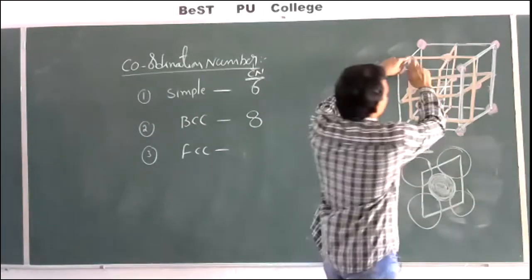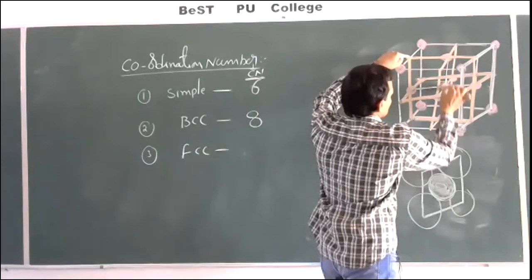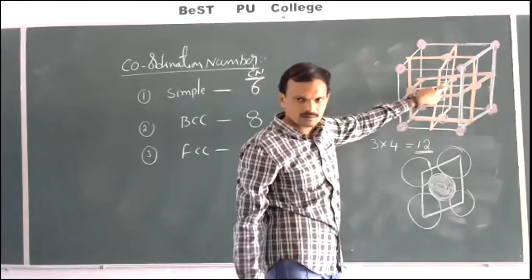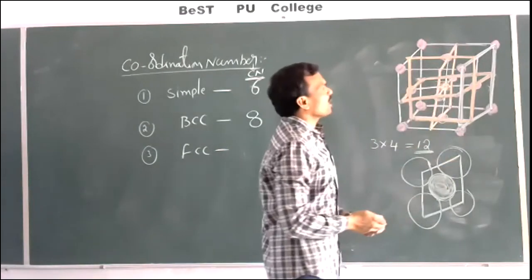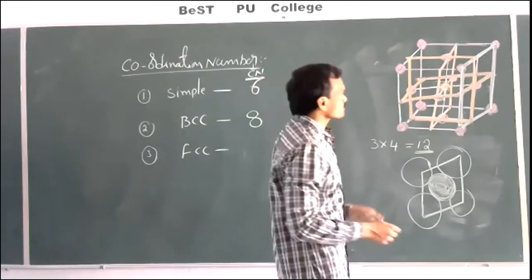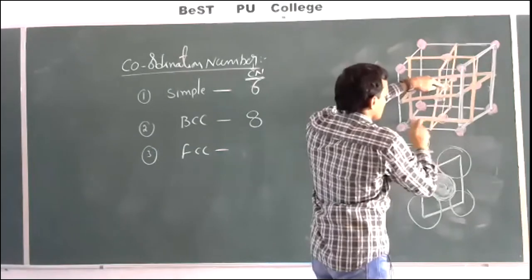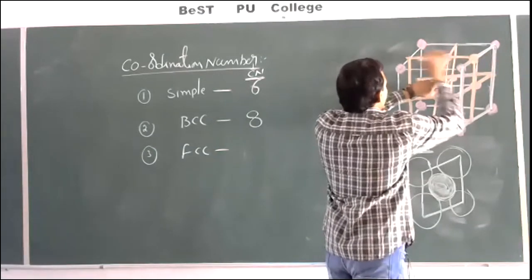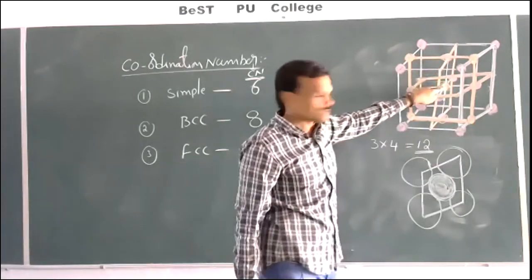Suppose you take this plane, what is the center of this plane? This is the center of this plane. Now this center particle is in contact with how many particles? It is in contact with 4 corner particles. Here 1, 2, 3, 4 in this plane.